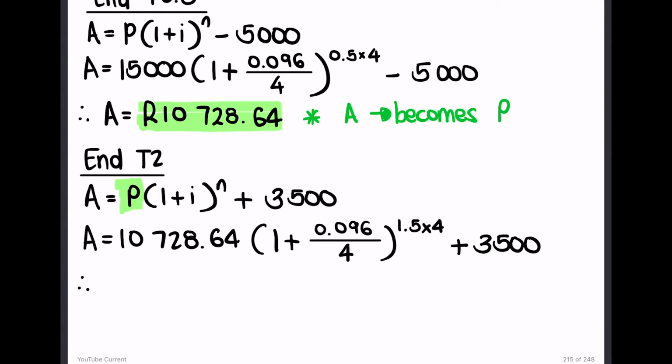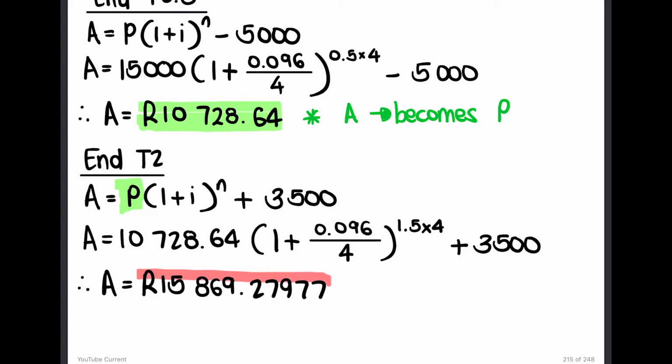So therefore, A is equal to, when I type all of that into my calculator, I'm going to get an answer of 15,869.27977.